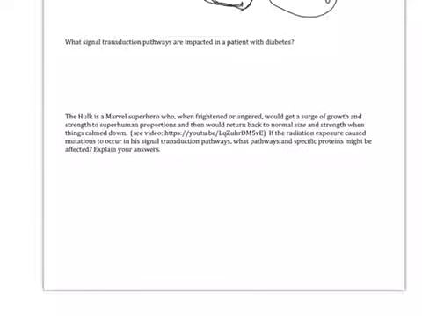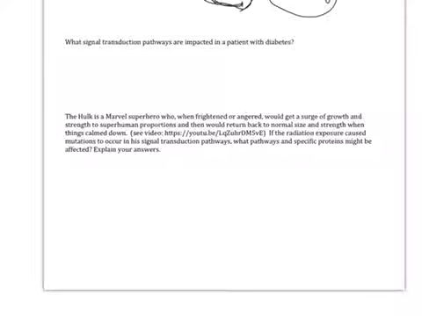What signal transduction pathways are impacted in a patient with diabetes? Well, one would immediately think of the insulin receptor pathway. It is quite possibly true that a person with diabetes can't make insulin. Well, you wouldn't be able to trigger that pathway, thus mobilizing GLUT4, the glucose transporter.